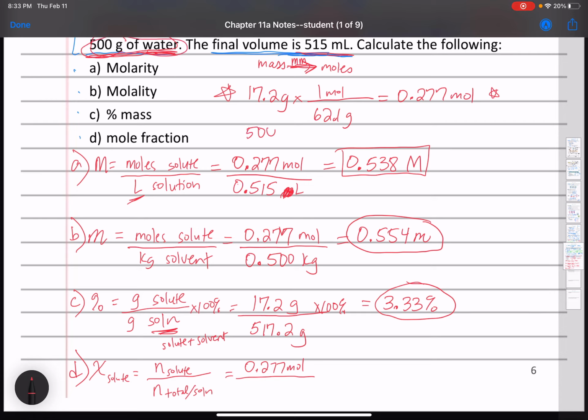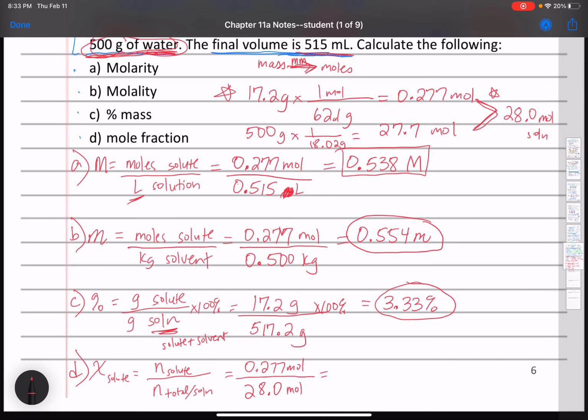The solvent is water. I have 500 grams of water divided by the molar mass of water, which is 18.02 grams. And that comes out to 27.7 moles of water. And if I add these two together, I get the total moles is exactly 28.0 moles of solution. So that's the number I'm going to use in my denominator down here. That's the total number of moles.